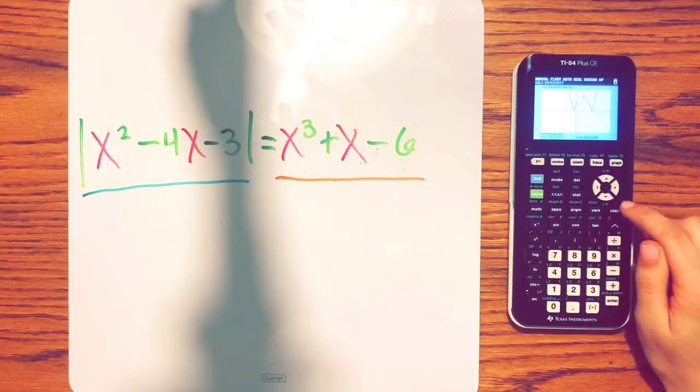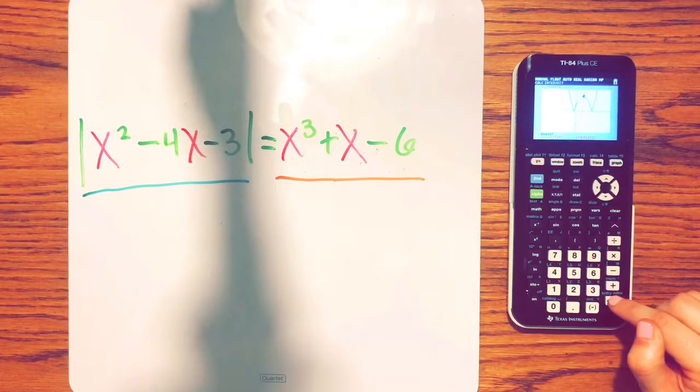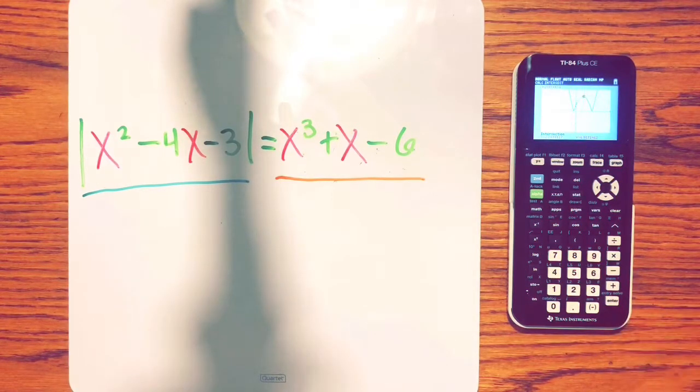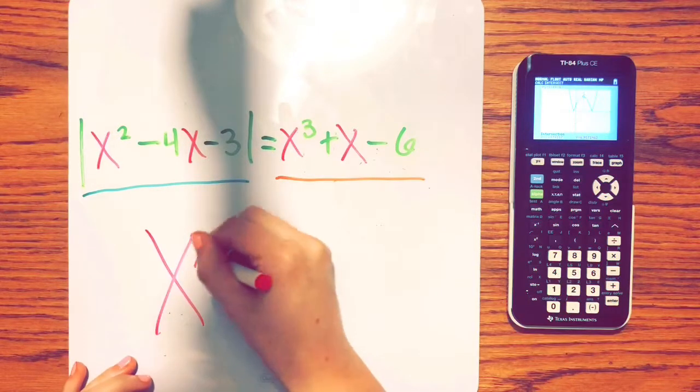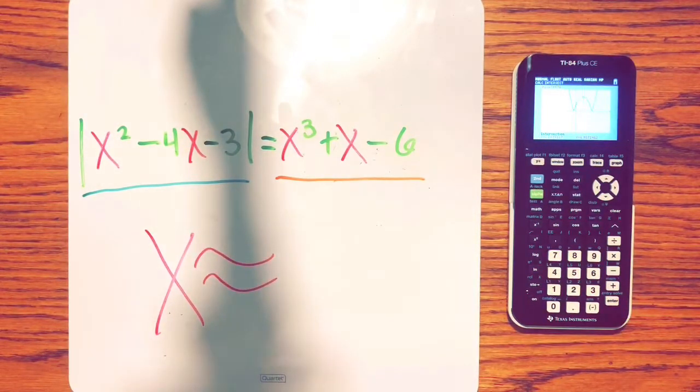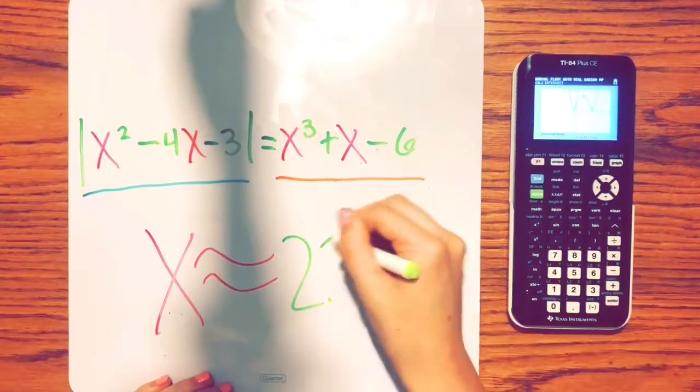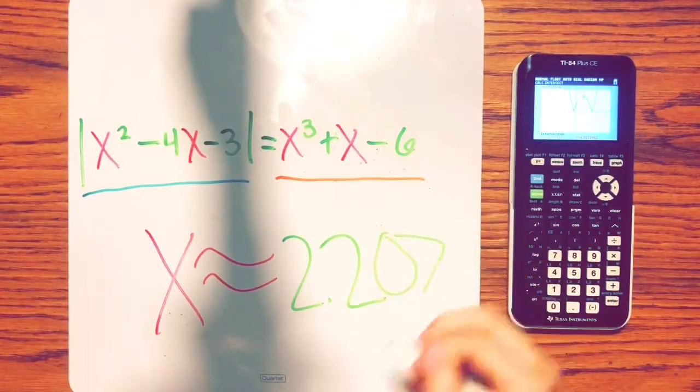Then move your cursor to where the intersection seems to be. After you hit enter 3 times, it will tell you where the intersection really is. The intersection on this equation is 2.207.